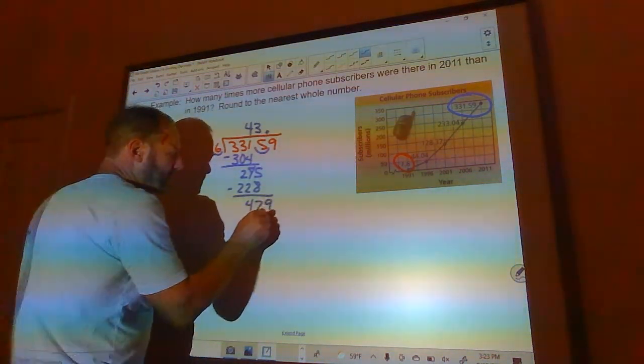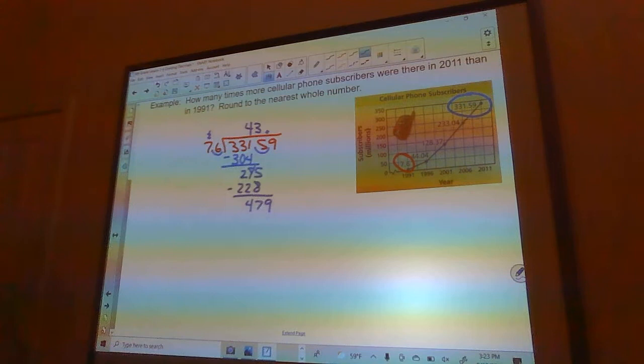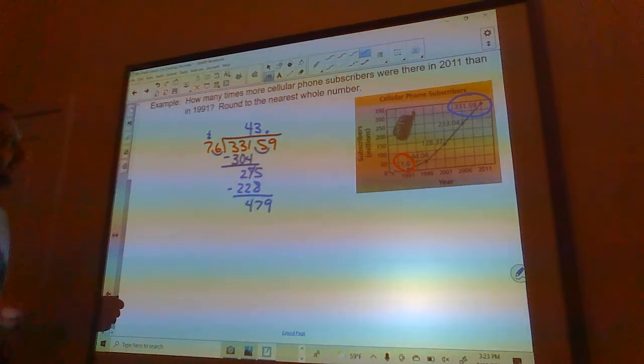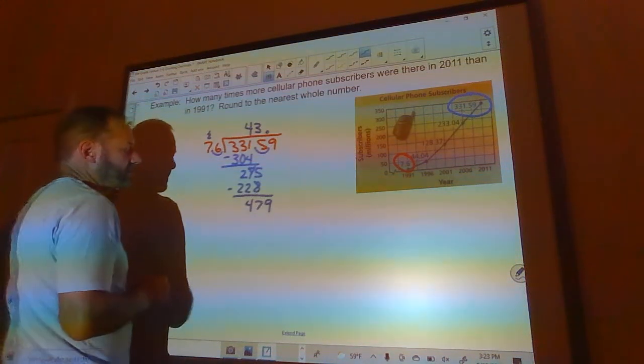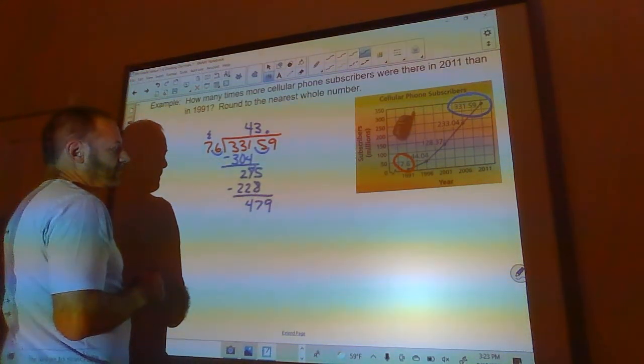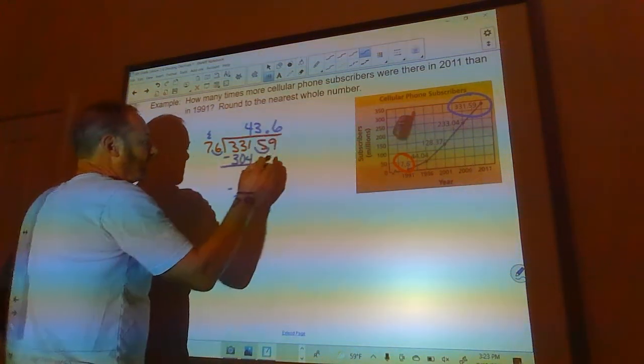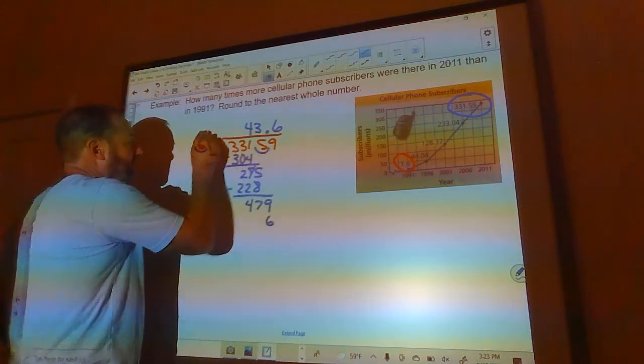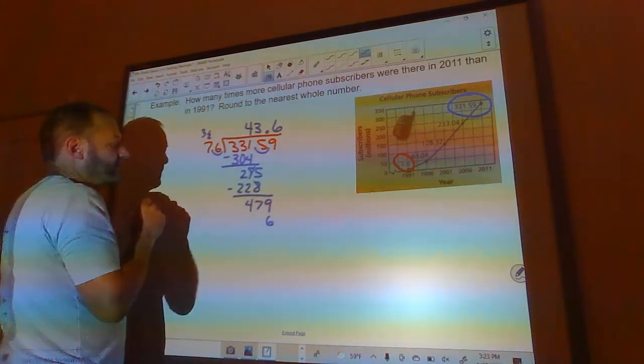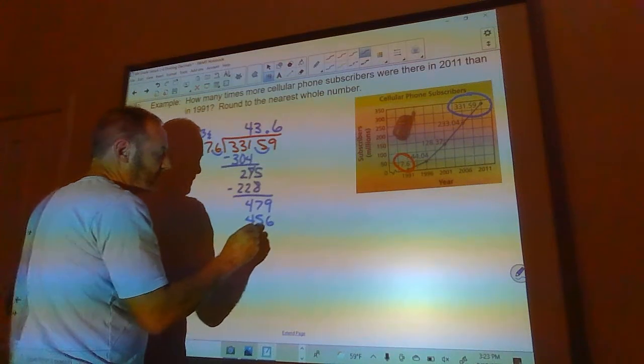Drop down my 9. Alright, I'm betting that that's going to go in there about 6 times. Let's try 6. That'd be 36. Carry my 3. That'd be 42, 45.